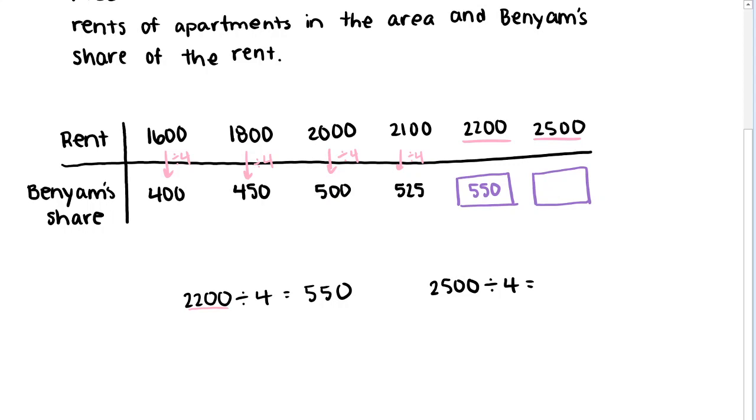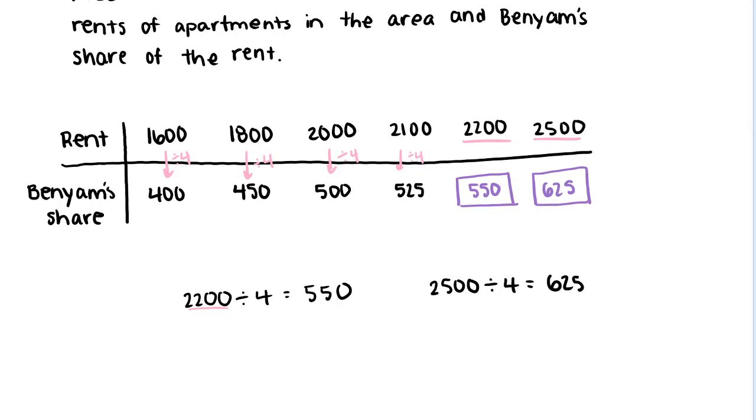So this would be 625. Of course, you could do this with the calculator. I just think it's beneficial to get a little more number sense and practice thinking about how you would divvy up these numbers. Okay, so that's how we filled in the rest of this table.